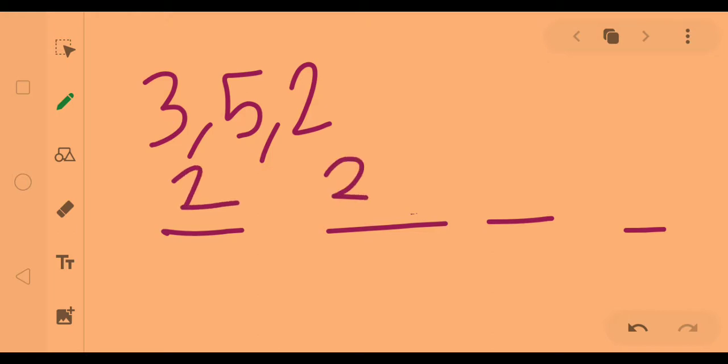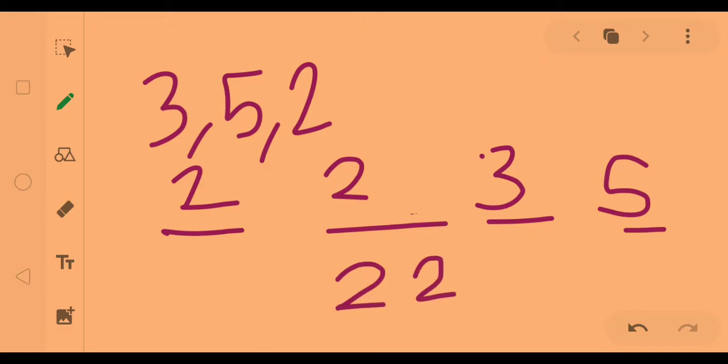Then the next smallest, out of 3 and 5, is 3. Then we write 5. The number so formed is 2235, the smallest 4 digit number using the digits 3, 5 and 2.